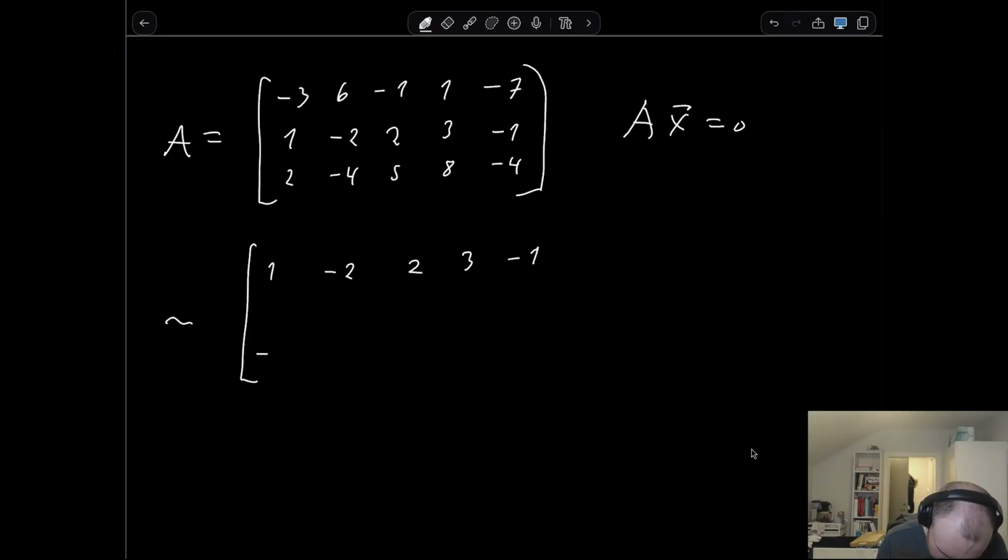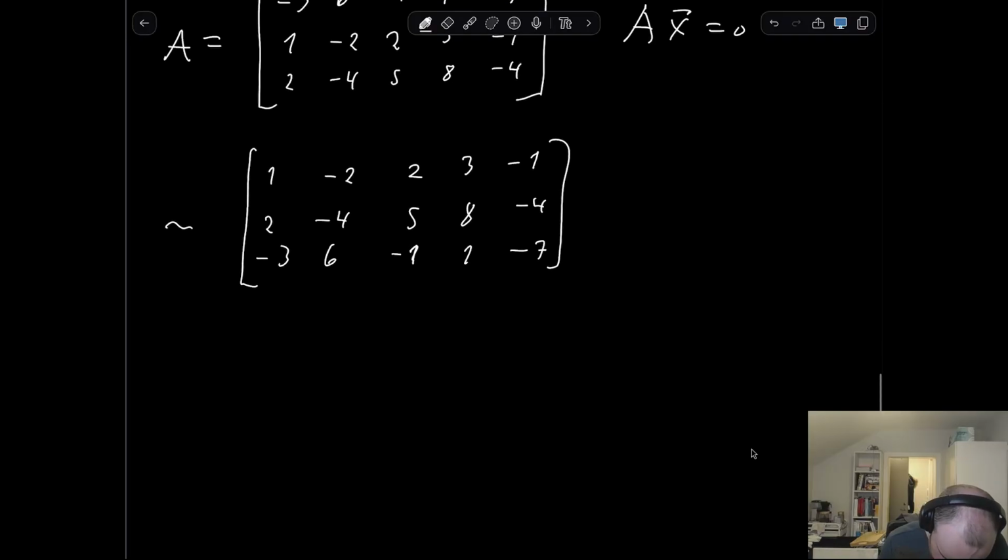So I also actually want this guy below, because it looks like this guy might die. Minus 7. And then I had minus 3, 6, minus 1, 1, minus 1, 1, and minus 7. And then I had 2, minus 4, 5, 8, and minus 4, like that.